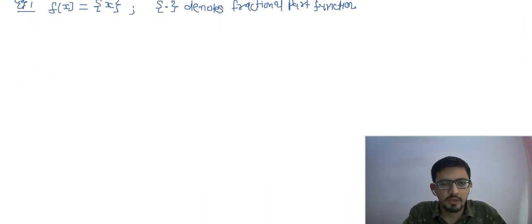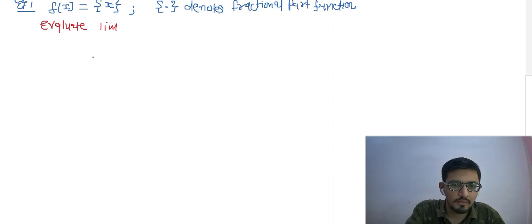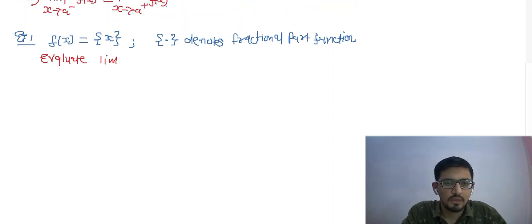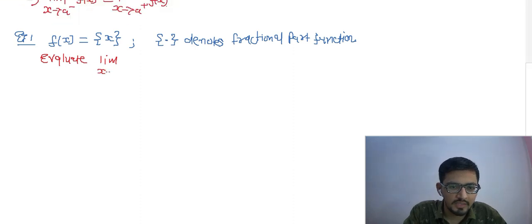So listen here. f of x is equal to the greatest integer function of x is given. What we need to find, for example, evaluate limit x tends to 3 of the greatest integer function, or you can write f of x.